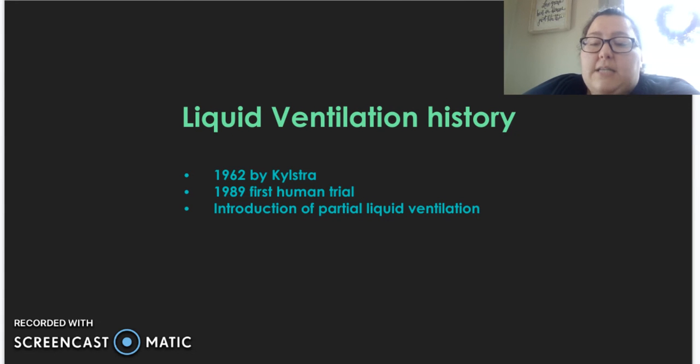The babies died, but it was thought to be because of their prior clinical condition. Later, PLV, which is partial liquid ventilation, was introduced and was trialed on adults and neonates. It was concluded that PLV can be safely used in patients with severe respiratory failure and may improve their lung function.